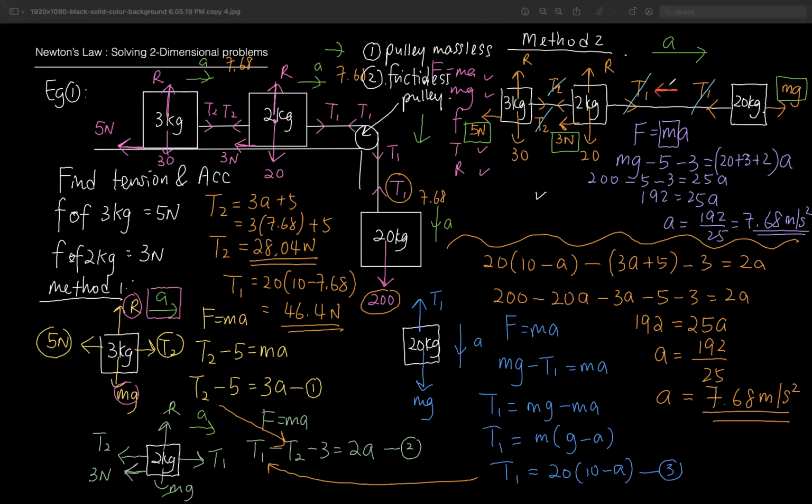It should be pointing to the left, because the whole system is moving to the right and friction is opposite to it. So this 3 Newton is the friction at the pulley. You just add one more force inside here, then your acceleration will be different. If the question says the pulley is frictionless, then just skip it. No need to care about the friction at the pulley.